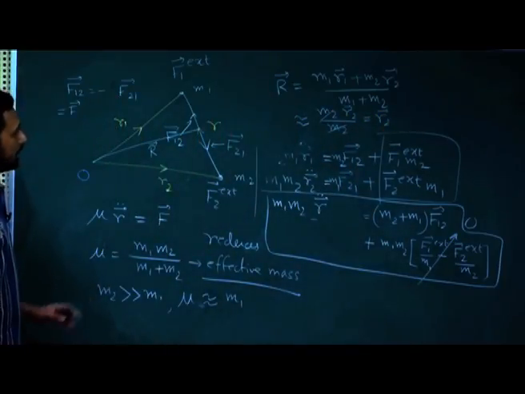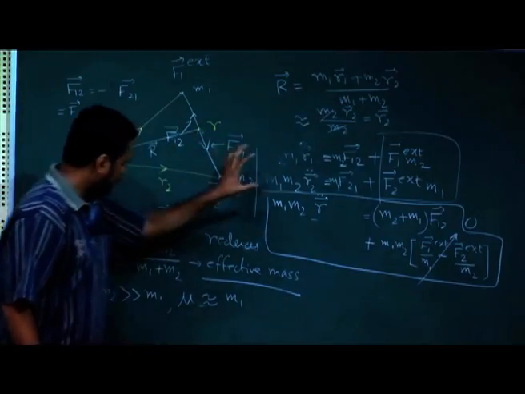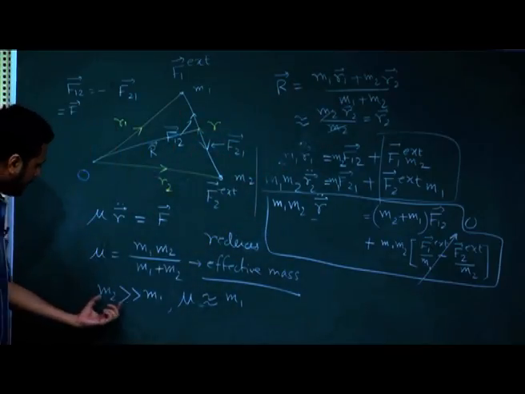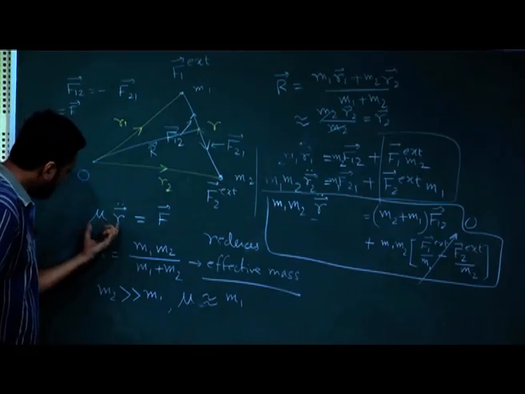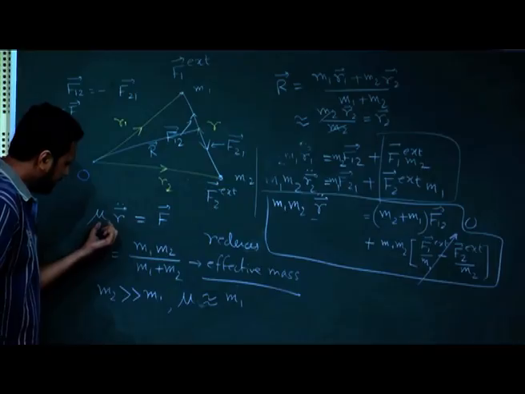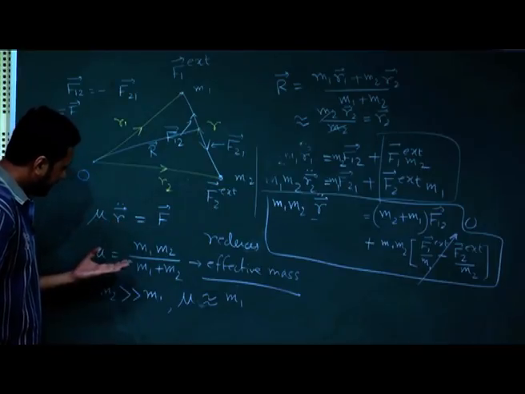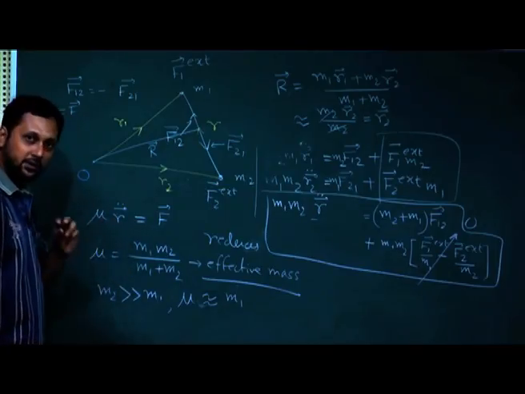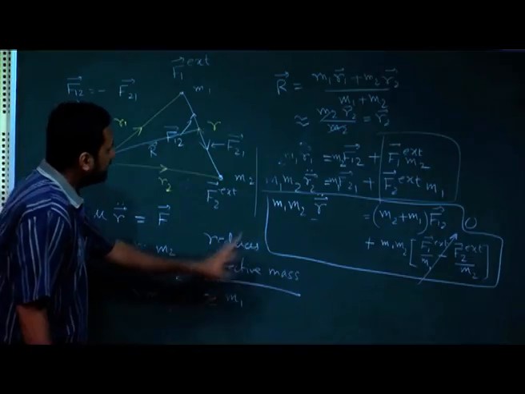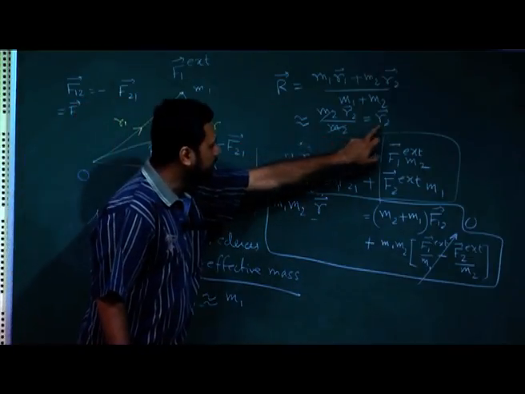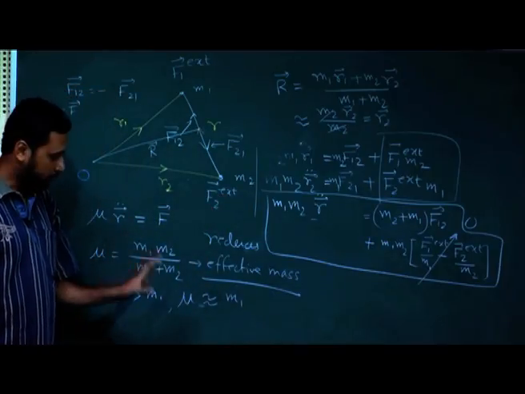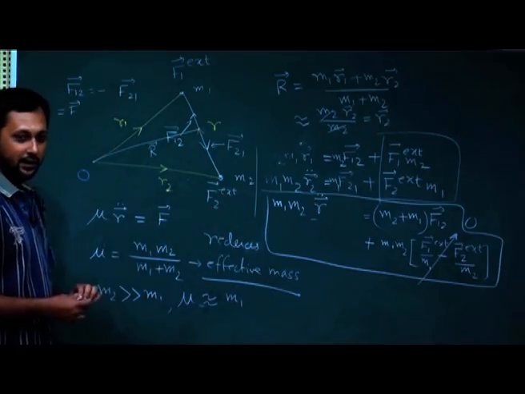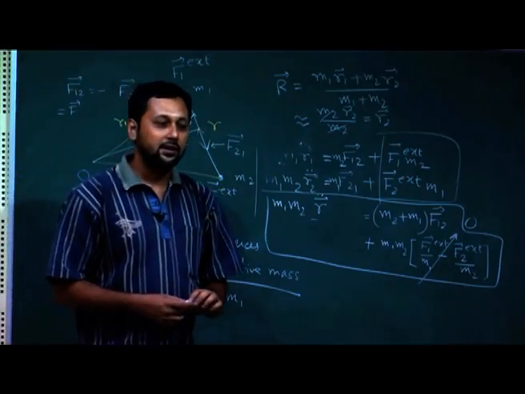So, what we see is when one mass is very dominant over the other, then in the equation of motion we can essentially replace the reduced mass with the smaller mass, and the center of mass essentially shifts to the bigger mass at r2.